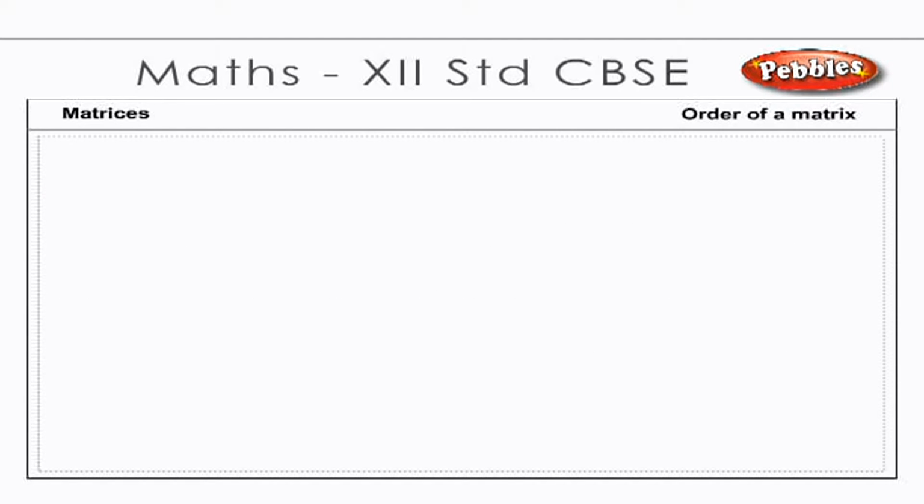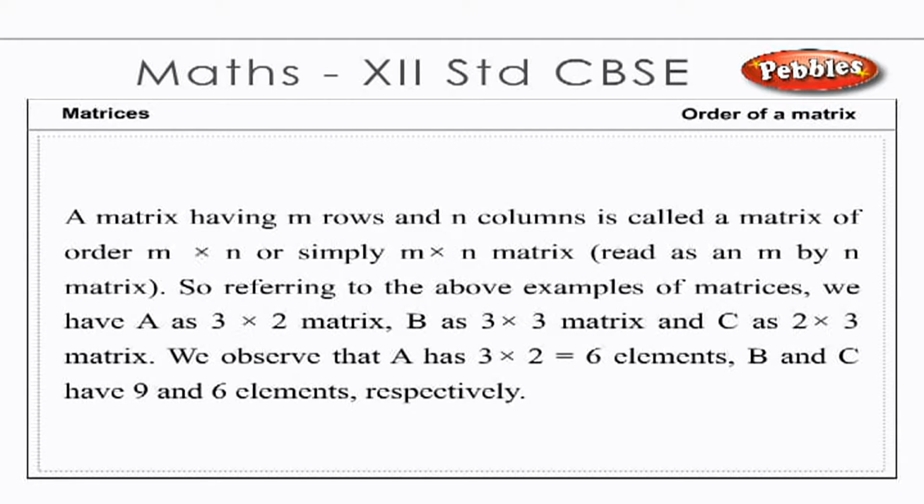Order of a matrix. A matrix having m rows and n columns is called a matrix of order m × n, or simply an m × n matrix, read as an m by n matrix.